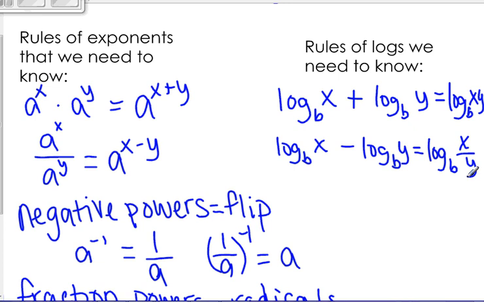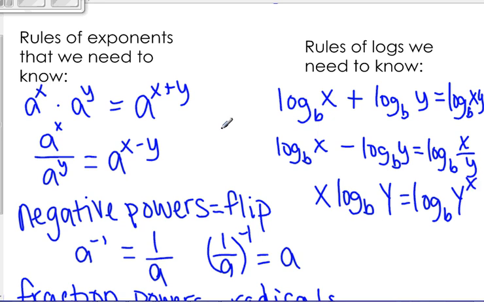So you might originally see it as x times log base b of y, and we would bring that x back to the power, so log base b of y to the x. Sometimes that might be helpful to us.